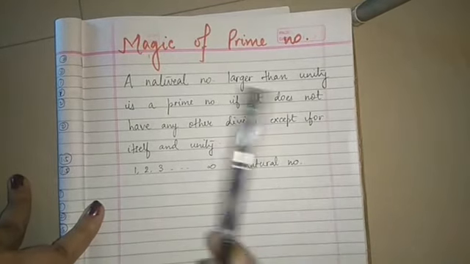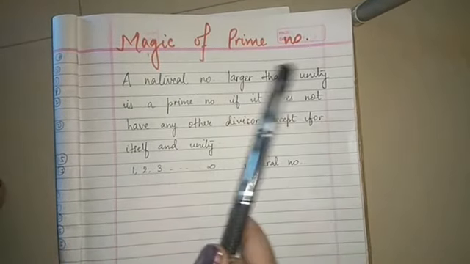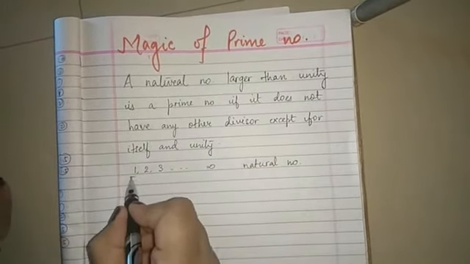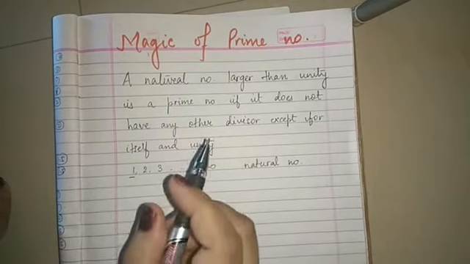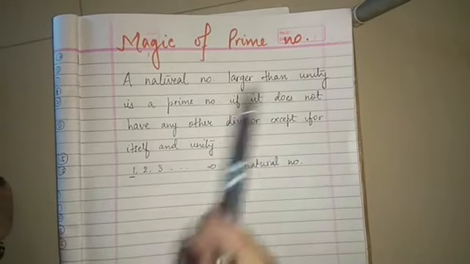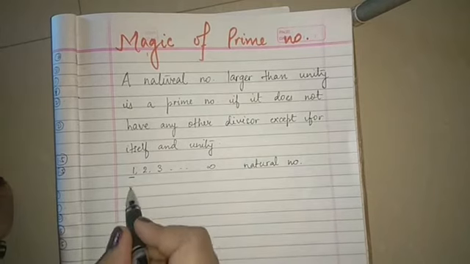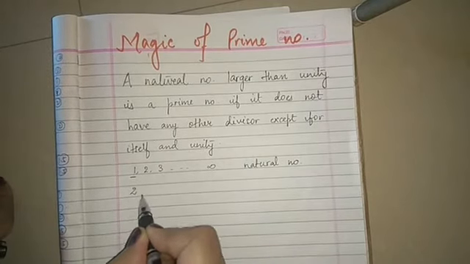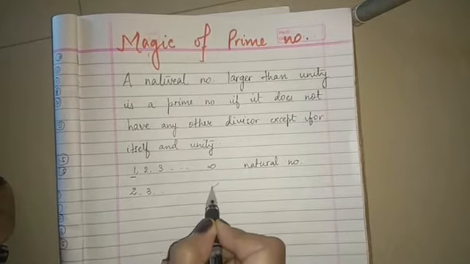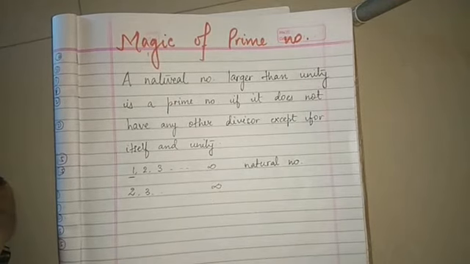Fine. So a natural number larger than unity. A prime number can never be 1. 1 is your unity. So a prime number for sure will start from 2. Numbers starting from 2, 3, 4 till infinity possibly can be prime numbers.